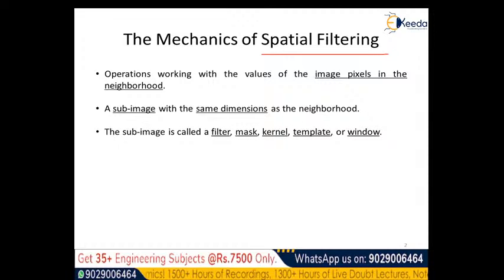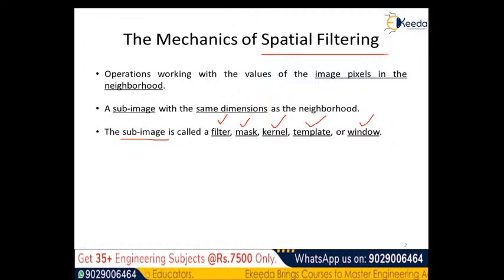This sub image is most of the time also called by other names. It can be called a filter, a mask, a kernel, a template, or a window. So it is a sub image, and the sub image will also have certain dimensions.